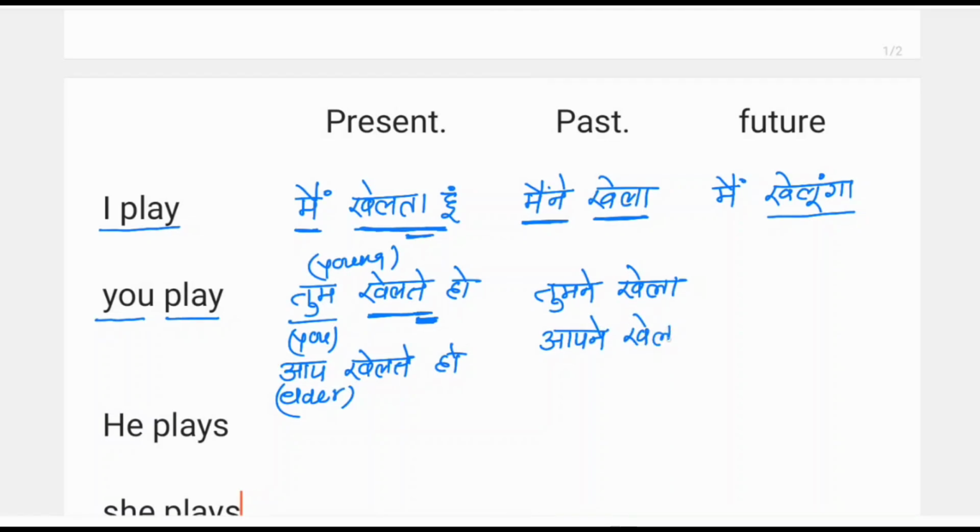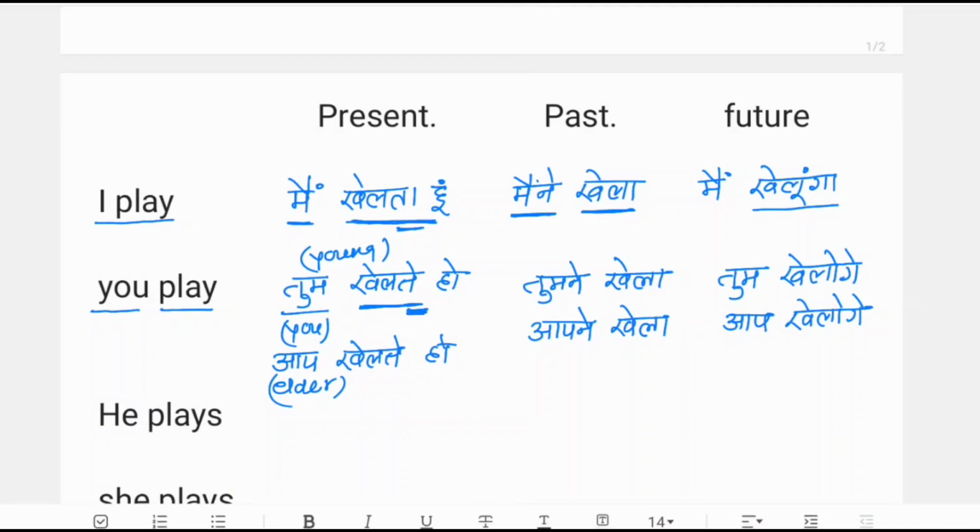Similarly, for future indefinite it will be तुम खेलोगे, and for the elder one आप खेलोगे. So in this way, you play is तुम खेलते हो, you played is तुमने खेला and you will play is तुम खेलोगे. In this way we can see the changes made as per the different tense forms.